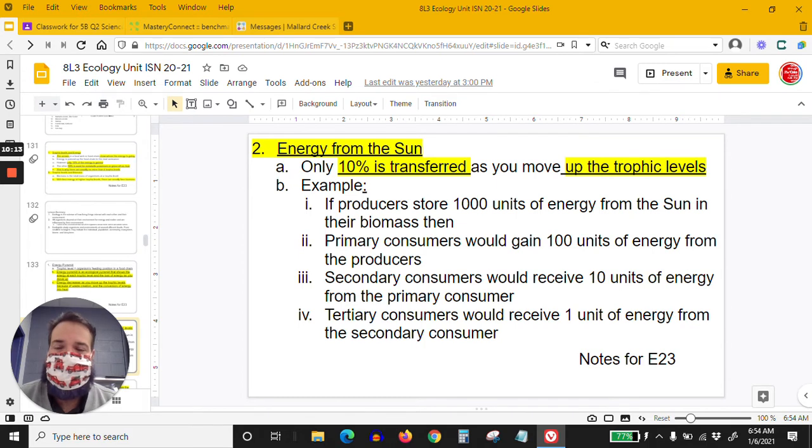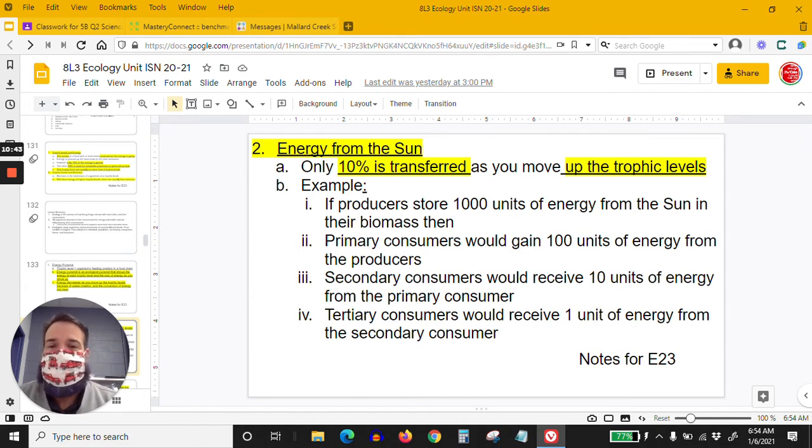So, for example, if a producer stores 1,000 units of energy from the sun in their biomass, then the primary consumer, like a grasshopper, would only gain 100 of those units. Remember, the grasshopper can't make its own food. It is relying on the energy from what it eats, from the grass. Now, a secondary consumer, like a rat, comes along and eats the grasshopper.